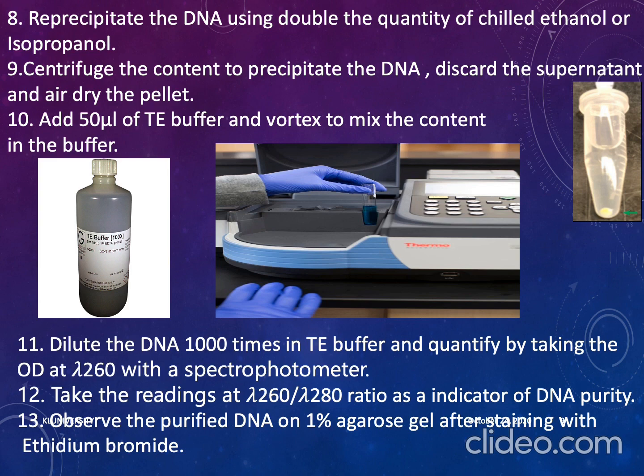Now add 50 ml of TE buffer and vortex to mix the content in the buffer. Dilute the DNA 1000 times in TE buffer and quantify by taking the OD at 260 nanometer with the help of spectrophotometer.